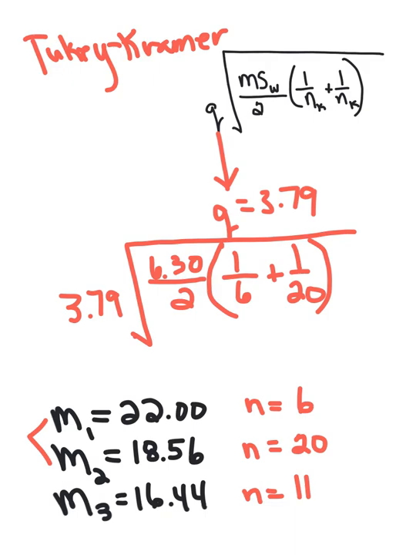So when I calculate that out, just be very careful when you're putting it into your calculator. I put 6.30 divided by 2, and I just hit equals. And then I hit times, and then I do a double parenthesis.